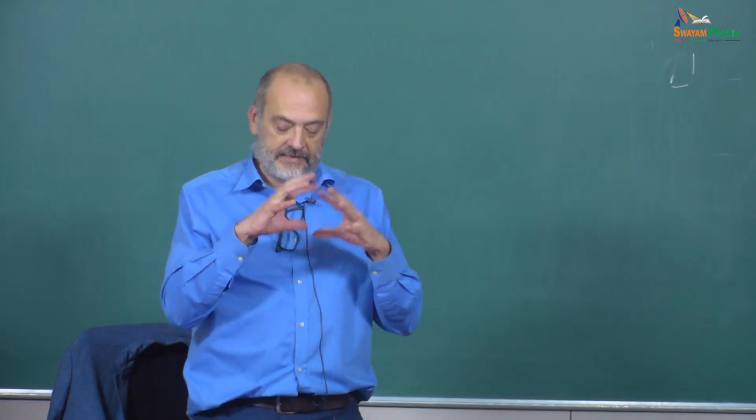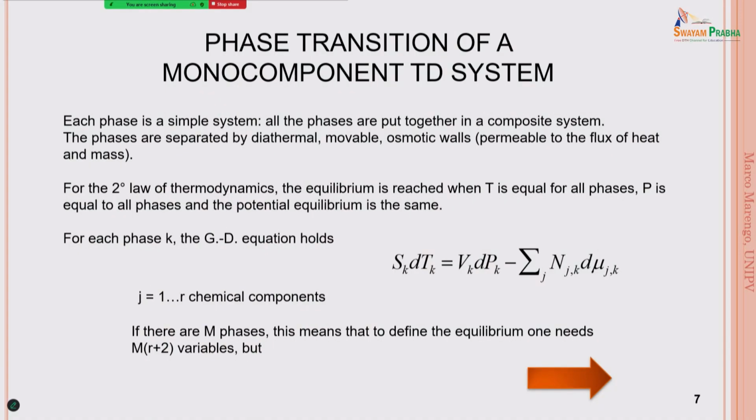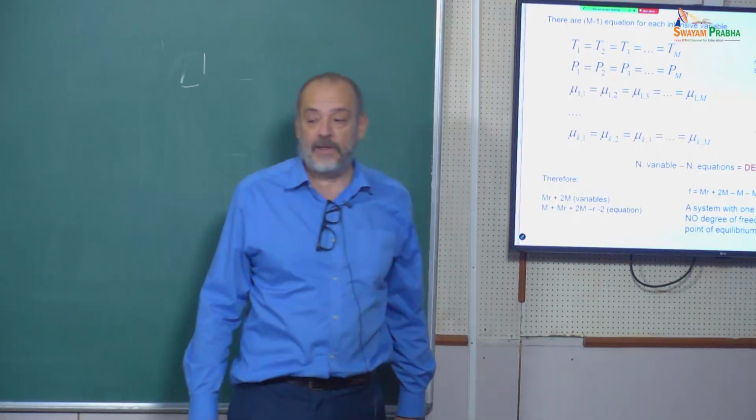So if the system has m phases, the equilibrium postulate says that for a monocomponent system we have r plus 2 variables. If we have m phases, we need then m multiplied by r plus 2 variables. Okay? So of course the Gibbs-Duhem is not enough, but since the walls are, let's say, diathermal, osmotic, and movable, we have the equations for the equilibrium.